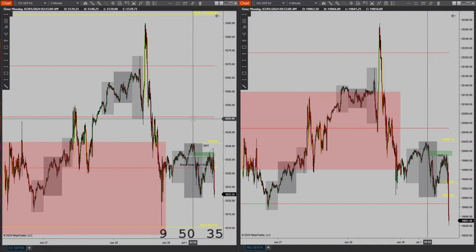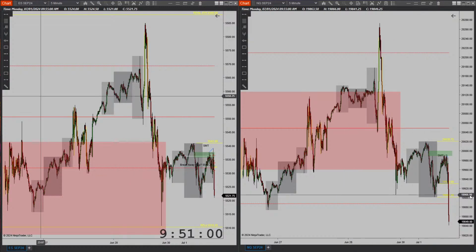My order did not get filled, even though we literally hit that to the tick. Come on. Oh, jeez. This is where you have to keep your fingers in your armpits or, I don't know, somewhere. And there we go. Okay, so trade complete.